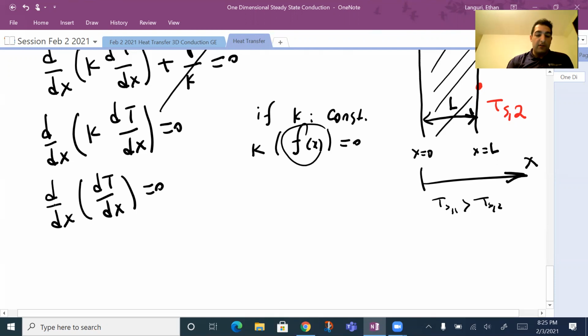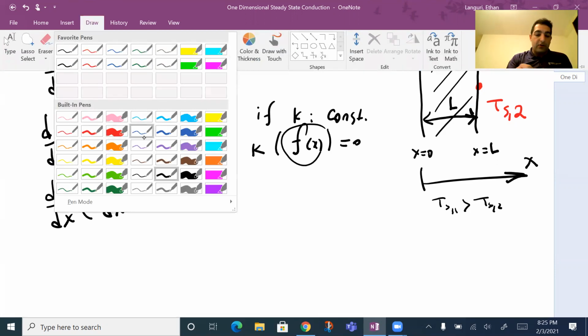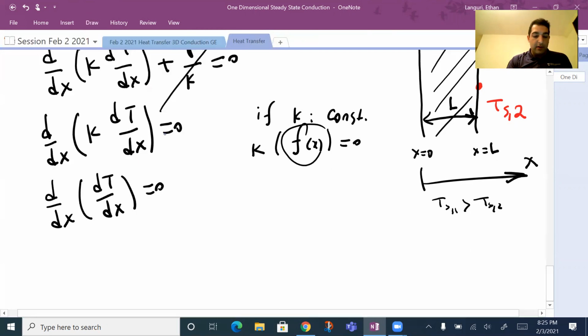So we're going to solve this. As you notice, we have two derivatives, d over dx of dT over dx. So we need two integrals to solve this problem, to get rid of the two derivatives.